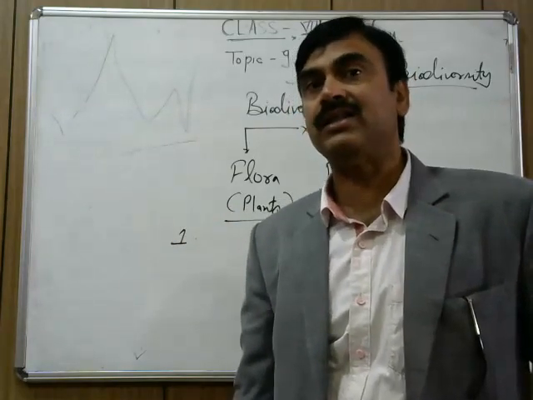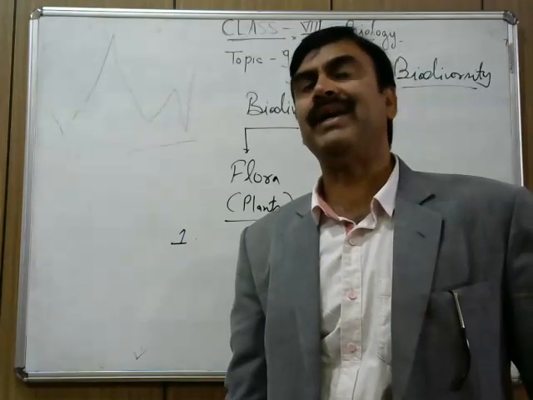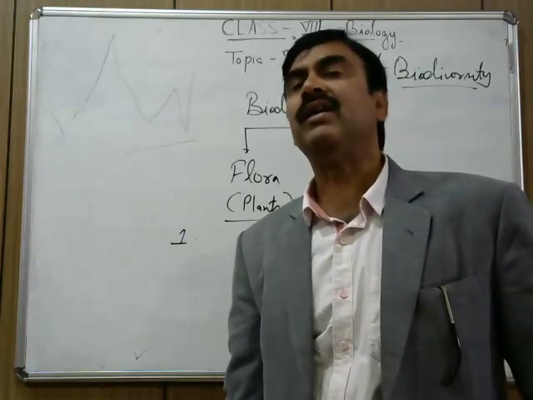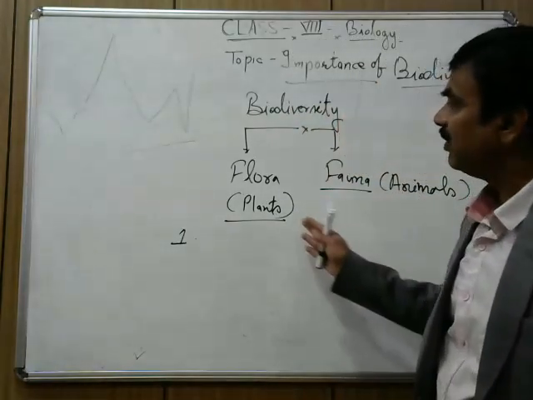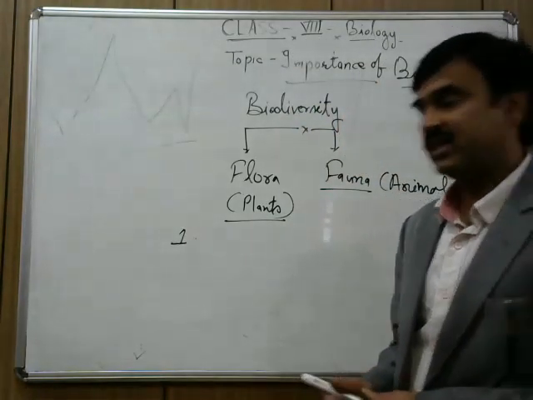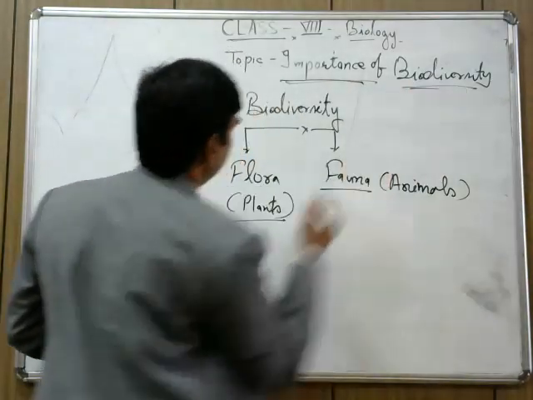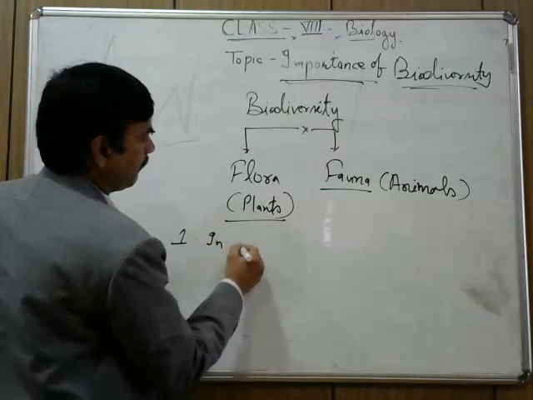In the lower Himalayan region, there are very important medicinal plants in our country. So flora is playing a very vital role in the medicine industry. So that is the importance of biodiversity in medicine.